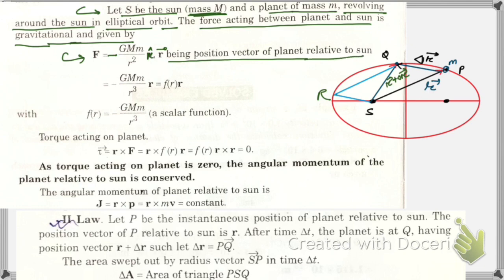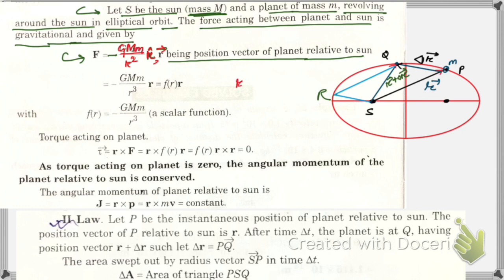Hope you know that. This r cap represents the unit vector of vector r. So this is minus capital G capital M small m by r square r cap.